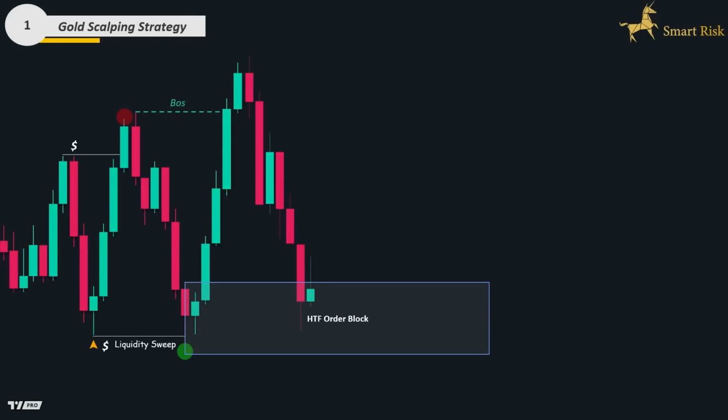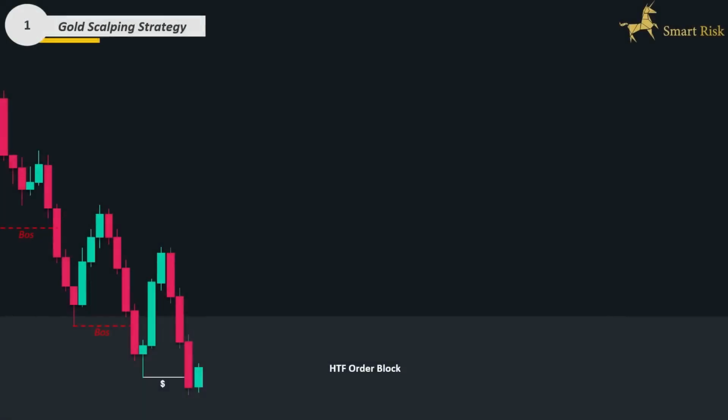Once price reaches the order block, the next step is to zoom into the lower time frame and closely monitor the price action for signs of reversal. These signs could include a market structure shift, a change of character, or other reversal signals such as IFVGs or VSR patterns. Now, in the next step, we're looking for a violated fair value gap that transforms into an inverse fair value gap.